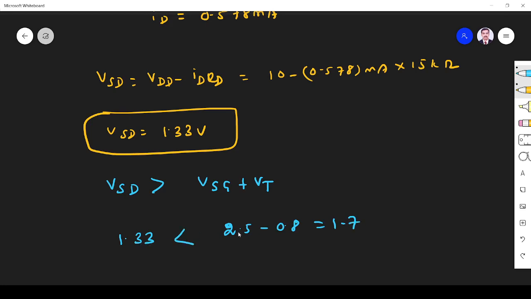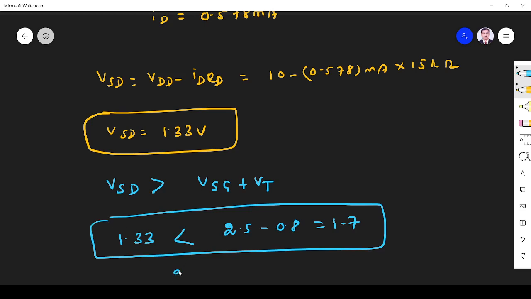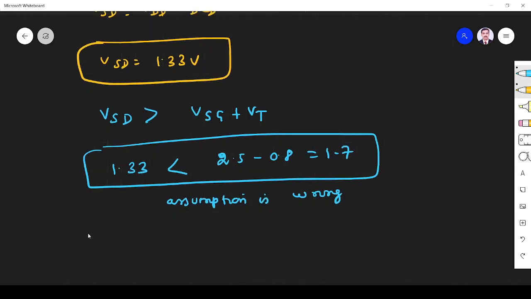So 1.33 is less than 1.7, so our assumption is wrong. That means the circuit is not in saturation. That is, MOS is in non-saturation mode, right?